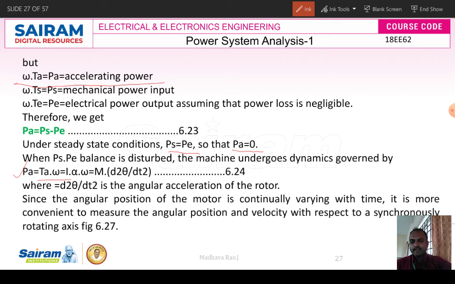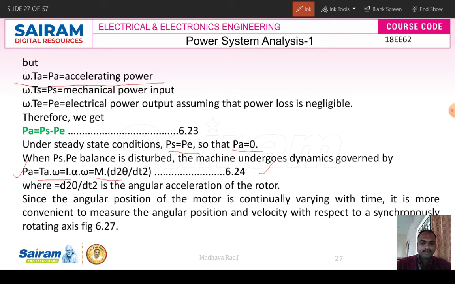According to the moment of inertia, M into d square theta by dt square, where d square theta by dt square is the angular acceleration of the rotor.